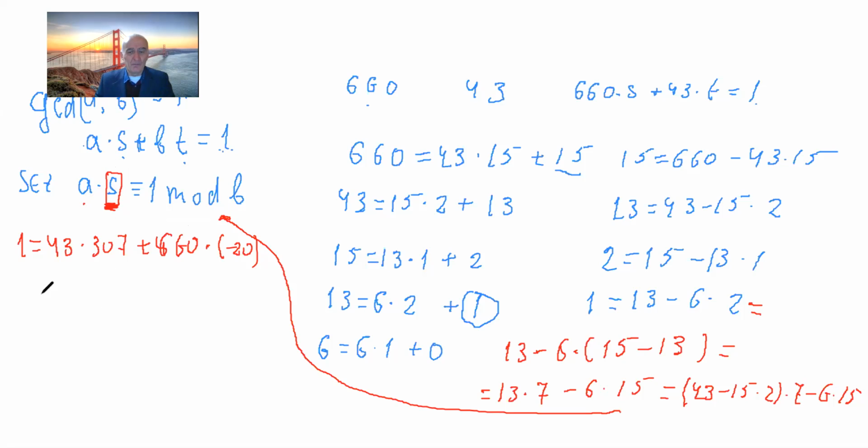And to give a more exact definition, I will write down that when A times S is congruent to 1 modulo n, this number S is called the inverse of number A modulo n.